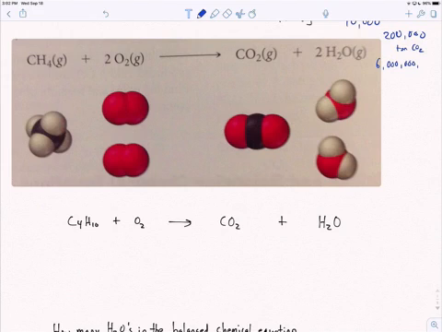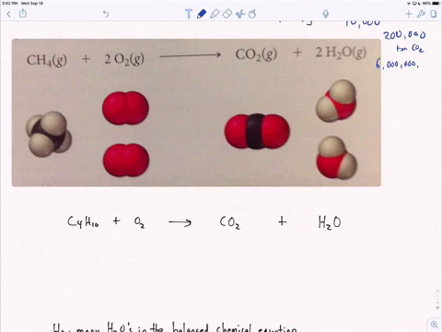Okay. So this is where we left off: balancing chemical equations. And this is a balanced chemical equation. You see CH4, methane, plus 2 oxygens makes 1 carbon dioxide and 2 waters. Notice that this is balanced, so there's the same number of each atom on both sides of the equation.